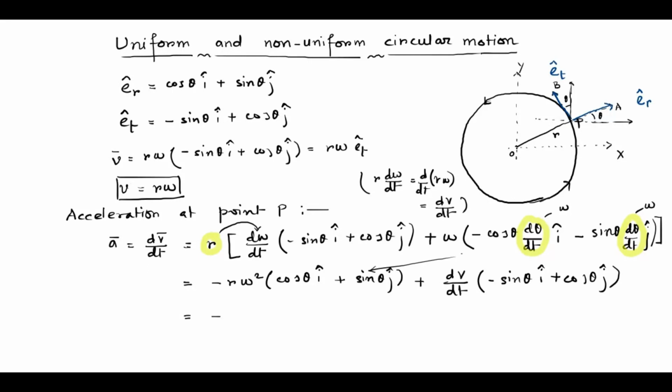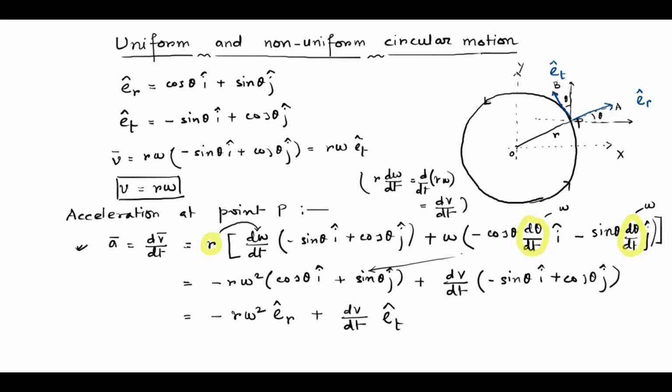In that way we can write a equals r omega square e_r plus dv by dt e_t. Thus we calculate the acceleration at the point P in a circular motion.